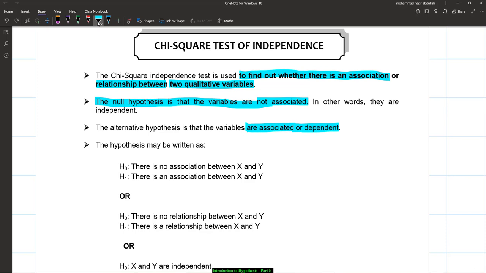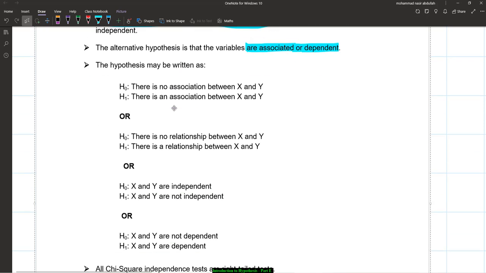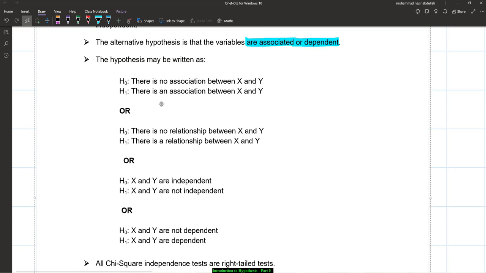So this is an example of how hypotheses can be written in chi-square analysis of independence. First, we can write for the null hypothesis: there is no association between variable x and y. Alternative hypothesis: there is an association between x and y.